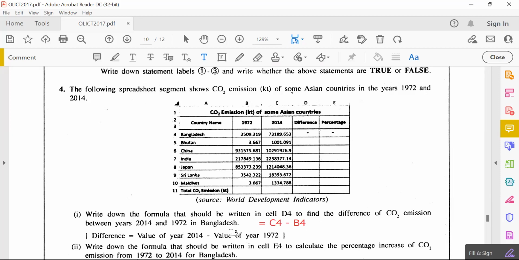So when you're writing an answer, don't put D4 here. Just simply say equal sign C4 minus B4. But the equal sign is very important. If you miss it, you won't get it.